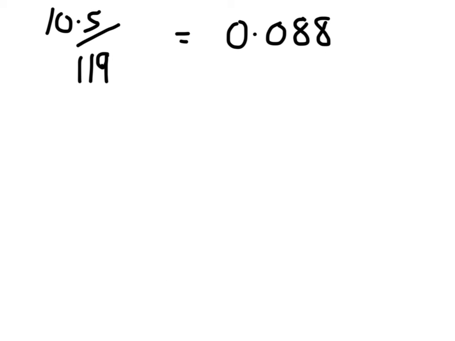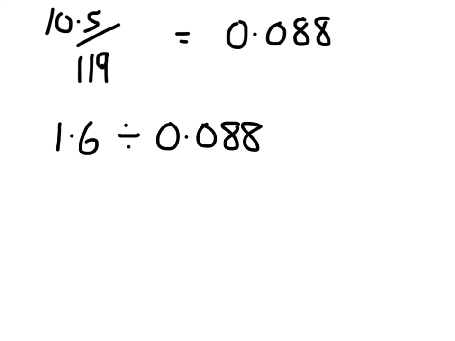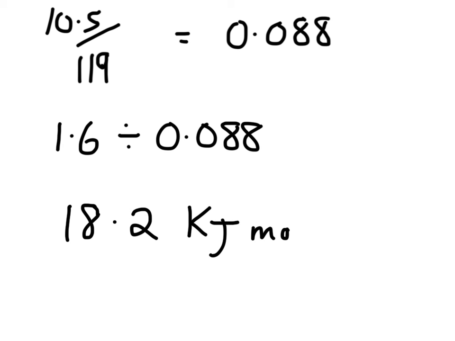So that's the number of moles we have. So to get kilojoules per mole, that's the kilojoules divided by the number of moles, kilojoules per mole. And we're going to end up with an answer of 18.2 kilojoules per mole.